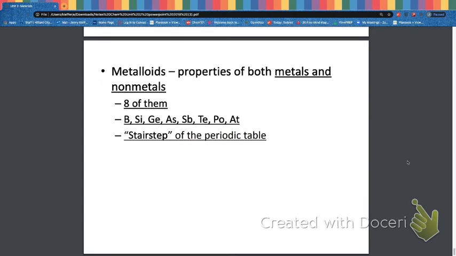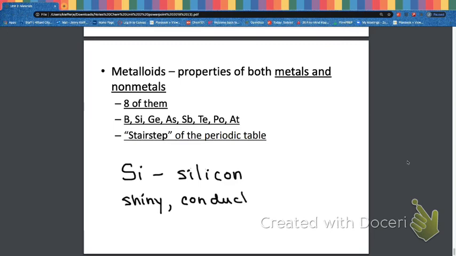So an example is silicon, not to be confused with silicone, that's something different. Silicon, it is shiny, and it's a conductor. Which would make it seem like it must be a metal, right?